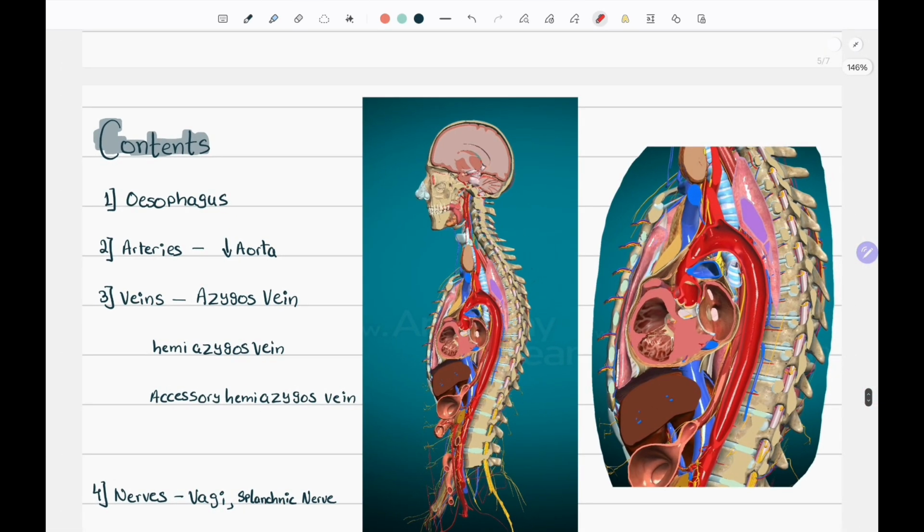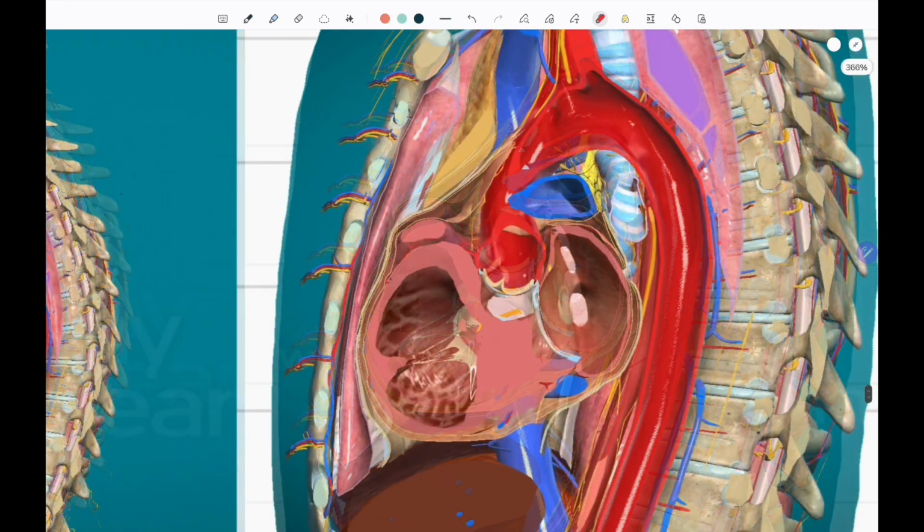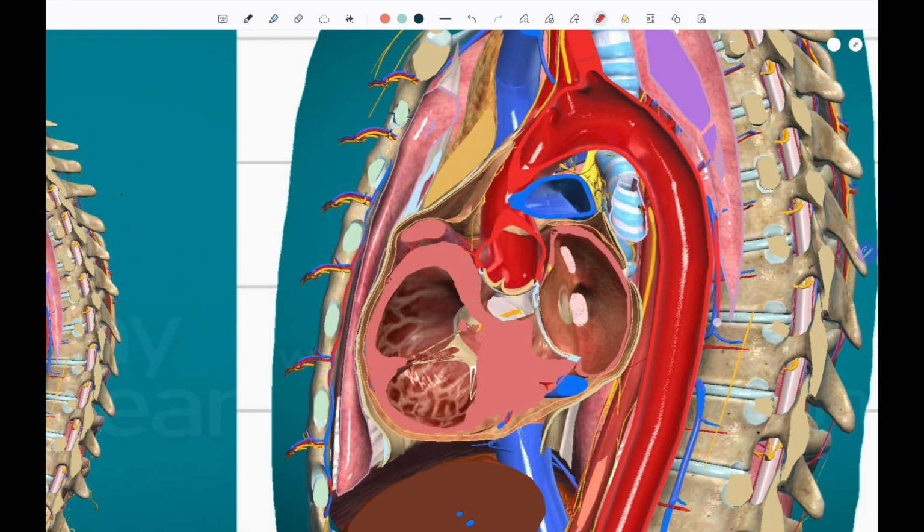Secondly, I have arteries, which is the descending aorta. So this is the ascending aorta. This one is the descending aorta. Third, I have the azygos vein, hemiazygos vein, and accessory hemiazygos vein. Showing you the picture of it. This one is our accessory hemiazygos vein. This is the hemiazygos vein and they both form the azygos vein.